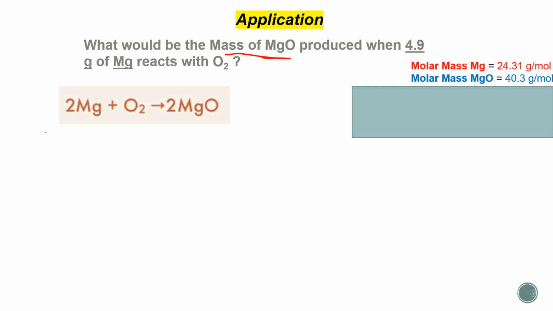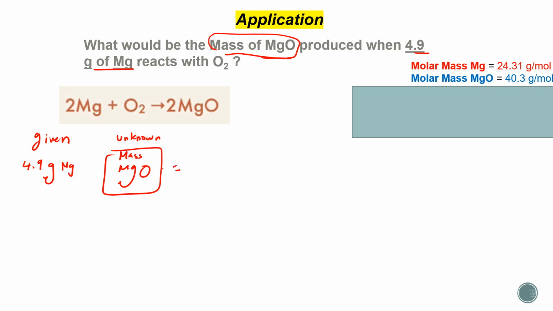So what is given here? 4.9 grams of Mg, and what's the unknown? What would be the mass of MgO? So the unknown is the mass of MgO in grams. هي البرودكت.